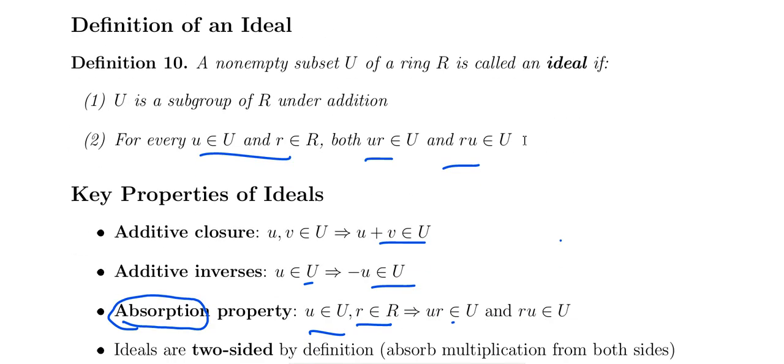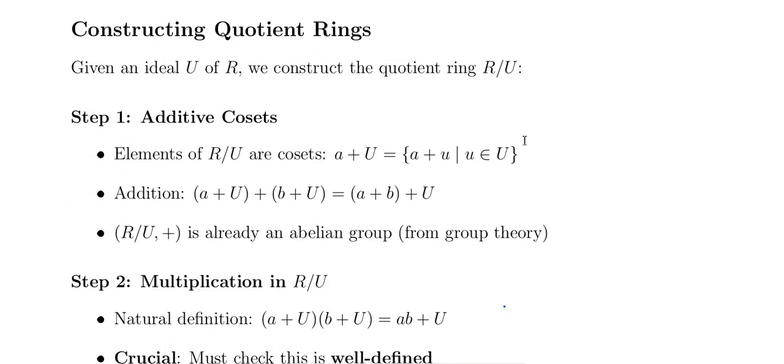So this is the definition of the ideal: a subgroup of the ring R under addition that satisfies this absorption property is called the ideal. And given an ideal U of R, we construct the quotient ring R by U.